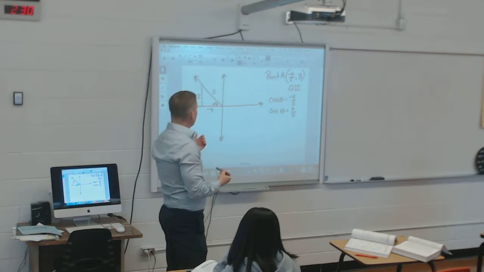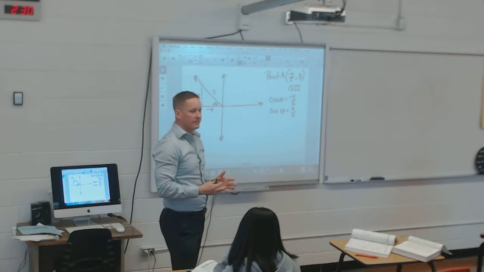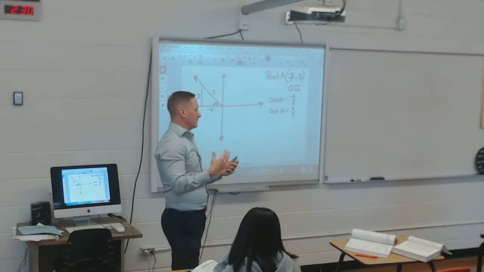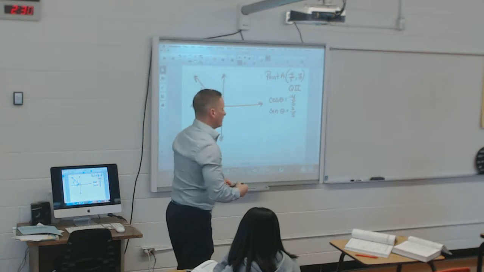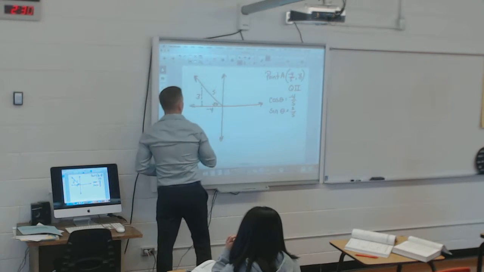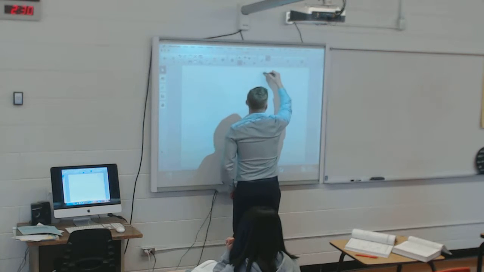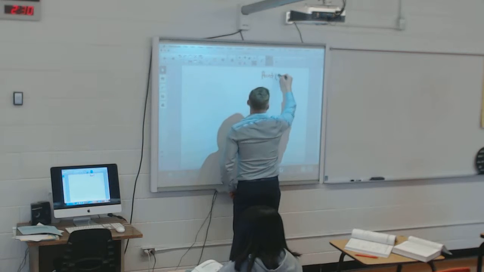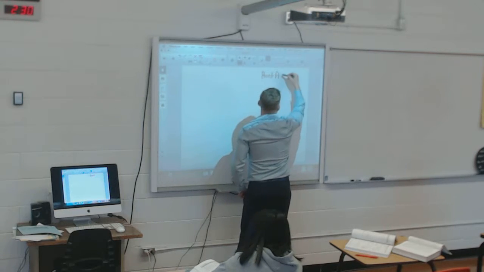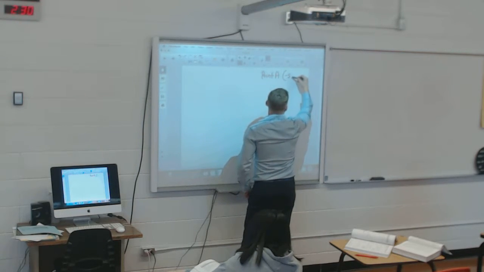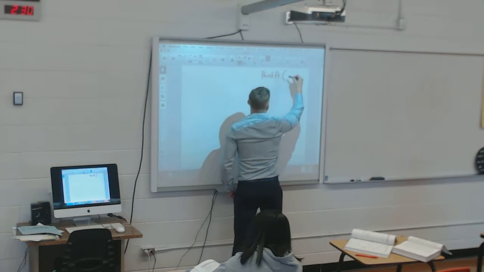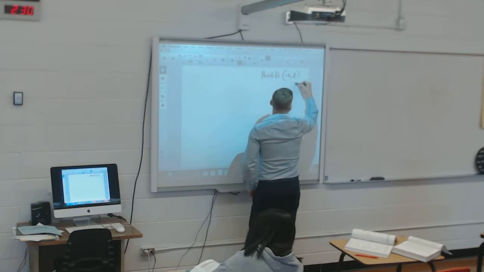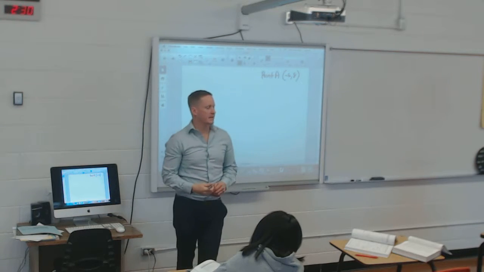Okay? I'm going to show you a question from last year that you did, and I'll show you how we did it the exact same way. You have point A, or coordinate A, at negative 6 and 8.